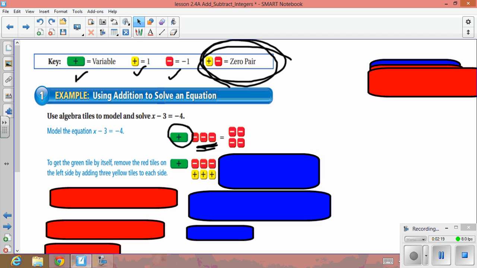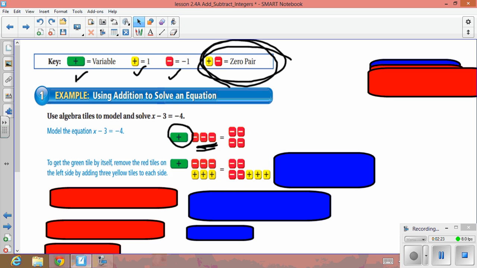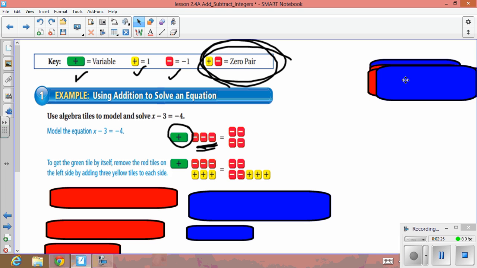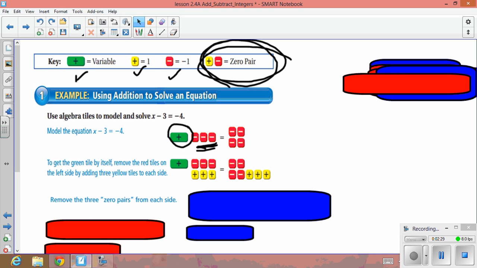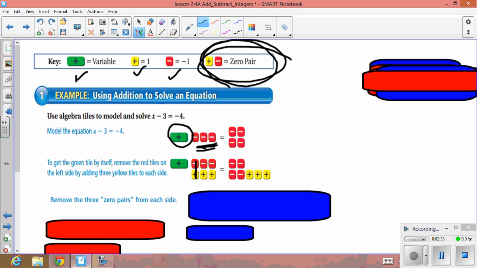So if I add 3 tiles on the left and I come over here on the right, I'm going to add 3 tiles. If you notice on the left, it creates 0 pairs. So we're actually going to get rid of these, and we have 3 0 pairs on the right. And what does that leave us with?